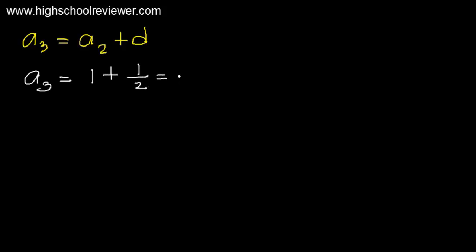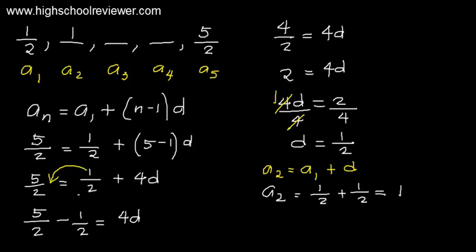So this will be 1 and 1/2, or to make this an improper fraction, 2 multiplied by 1 is 2, plus 1, that is 3. So this is 3/2. Our a sub 3 now will be 3/2.